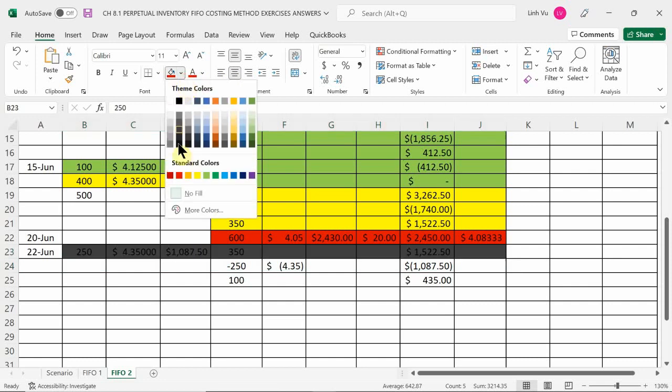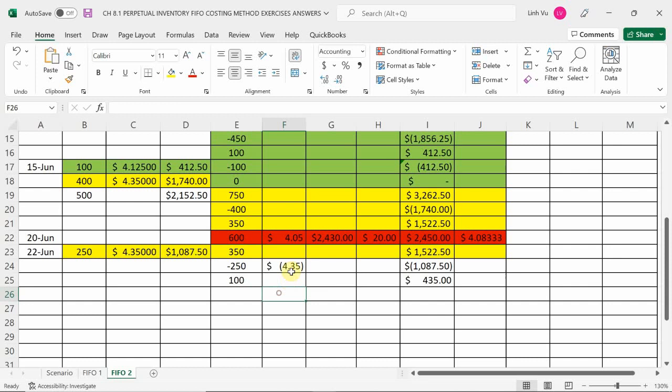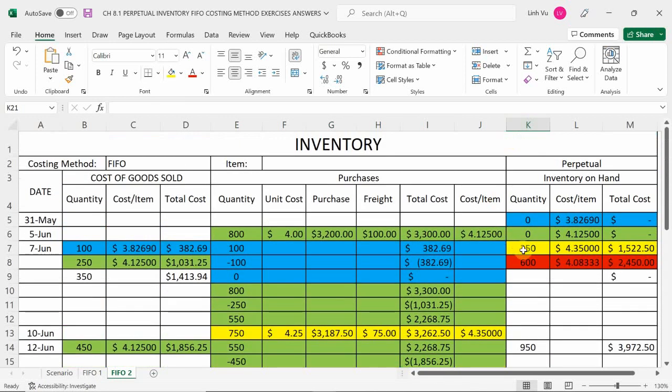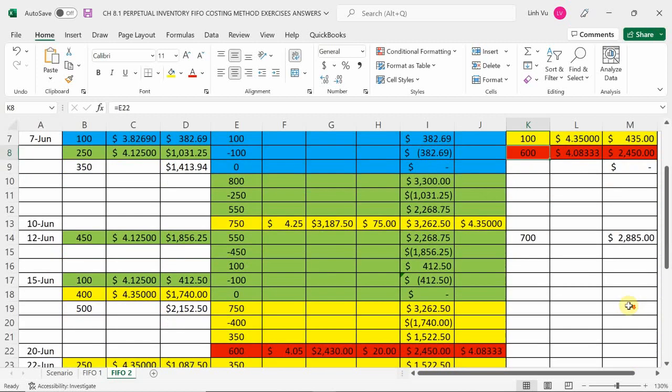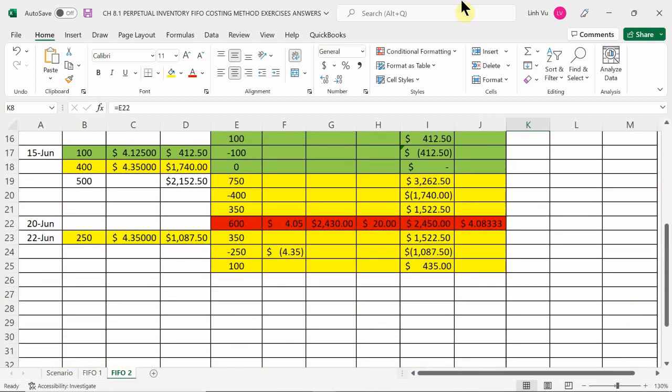And this was my yellow batch. So now I gotta update my inventory because now I have 100 left. So now I have exactly 700 units left to sell. So let's see what happened next.